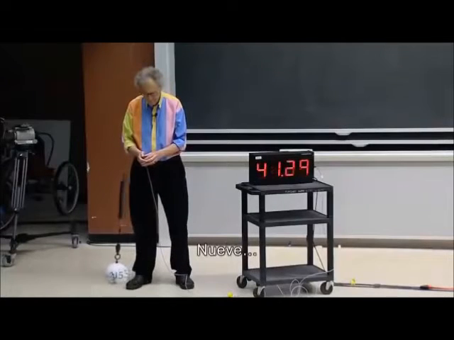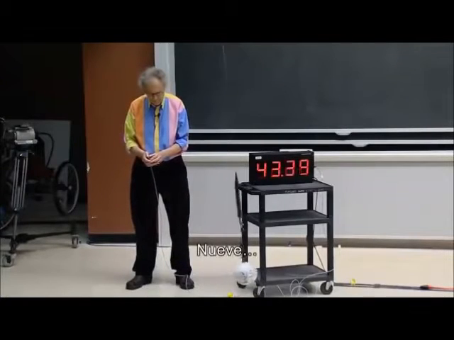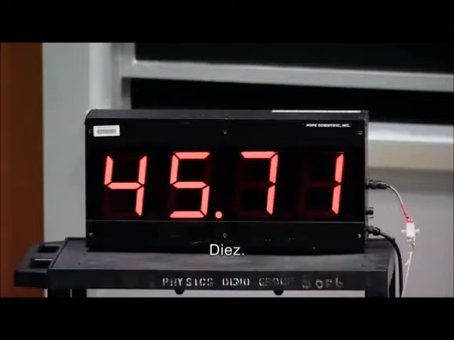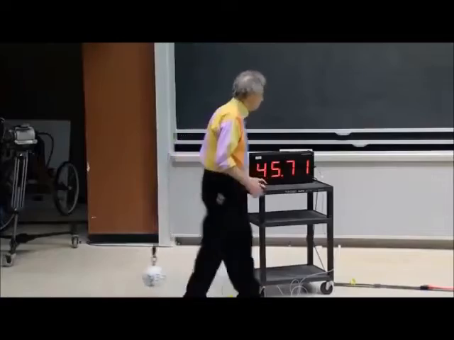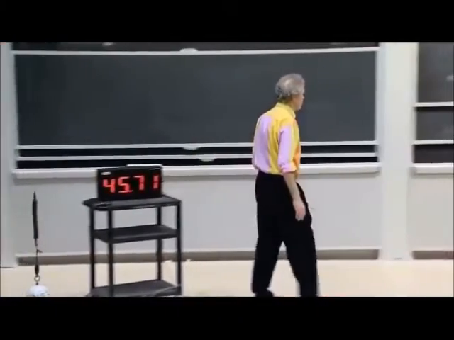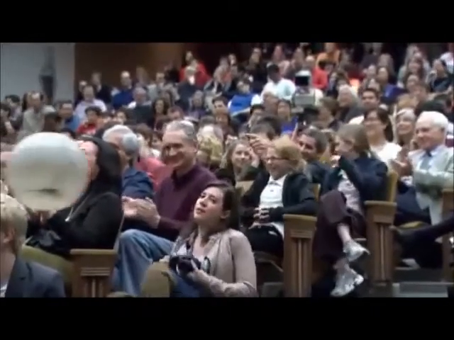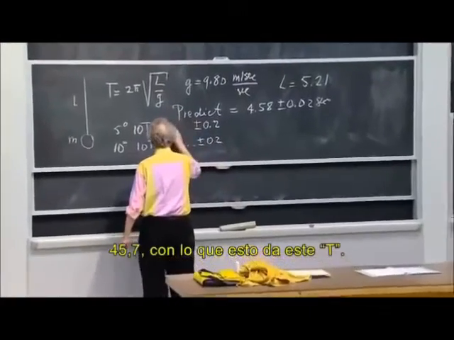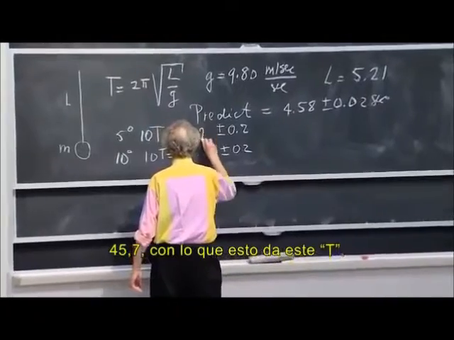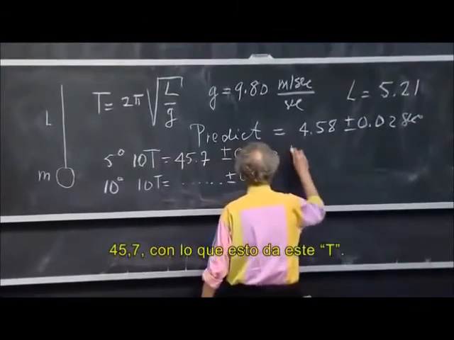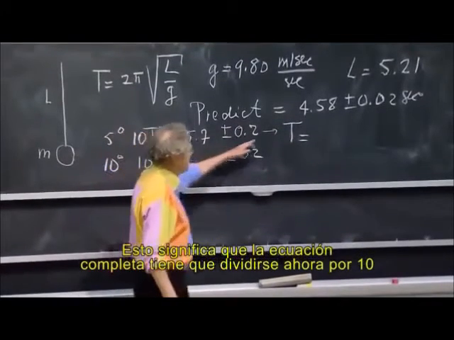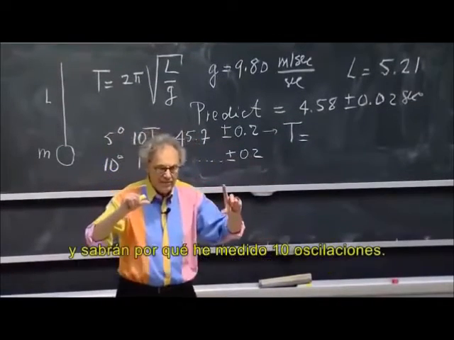10, 45.7. So that becomes that 10t. That means this whole equation now has to be divided by 10.